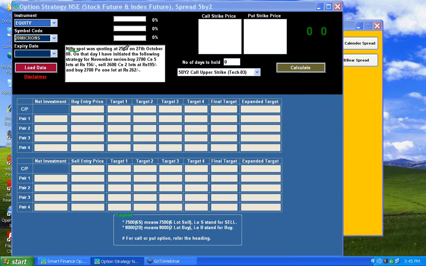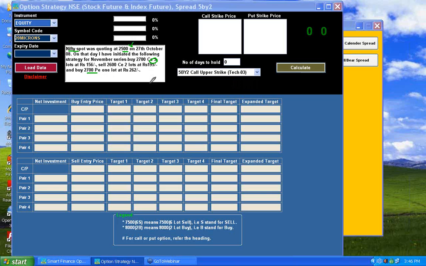Nifty spot is quoting at 8,500. If someone is going to initiate this strategy, you have to buy 5 lots of out of the money call option, sell 2 lots of out of the money call option, and buy 1 lot of in the money put option.